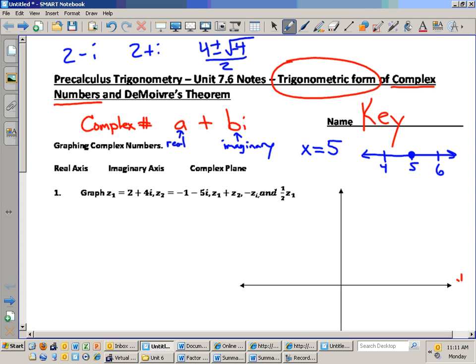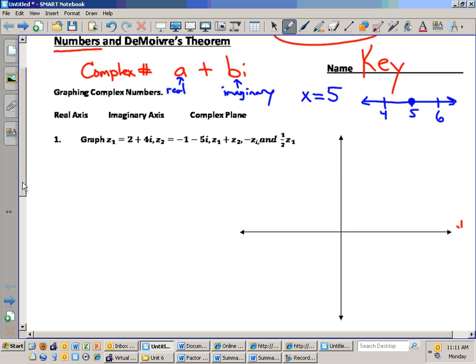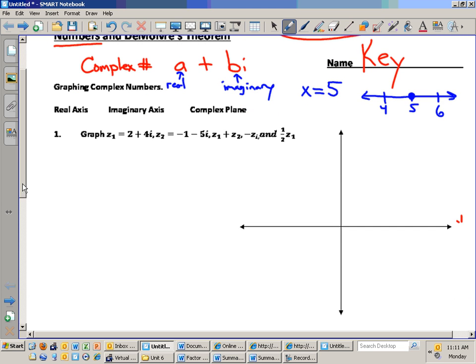So plotting a number on a number line is one of the most basic things that we can do. We're going to do the most basic thing that you can do with complex numbers, which is plot them. Now, you don't plot them on a number line because this is the real number line.